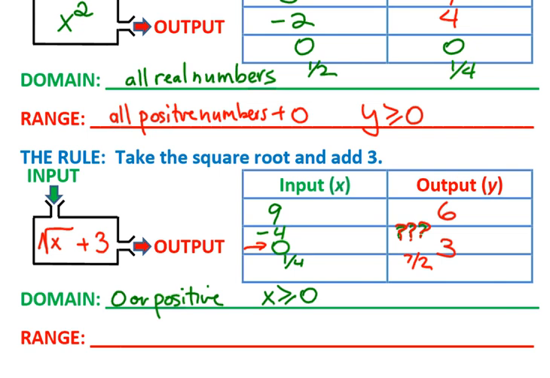And when I put in a 0, I get +3. I end up with a 3. So it's not possible to get anything smaller than a 3. So our range this time is going to start at 3 and get bigger. So we're going to say that y is greater than or equal to 3. The range is y. 3 is the smallest number that it can be.